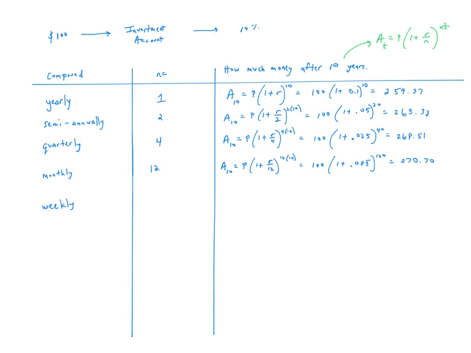$270.70. Suppose we find a bank that compounds weekly. That means they're giving us an interest payment 52 times per year. The amount of money in our account after 10 years turns out to be $271.57. Whoa, what if we find a bank that gives us an interest payment every day? That means they give us 365 payments per year.